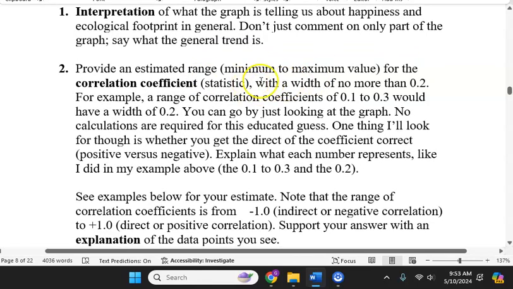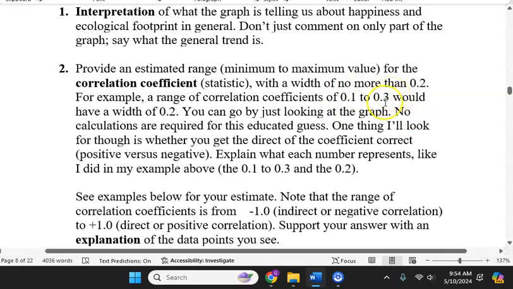So the directions ask for an estimate of the correlation coefficient with a range of a width of no more than 0.2. For example, coefficients of 0.1 to 0.3. There's a width of 0.2. So this is a pretty weak correlation here. And 0.8, 0.9, that would be very strong.